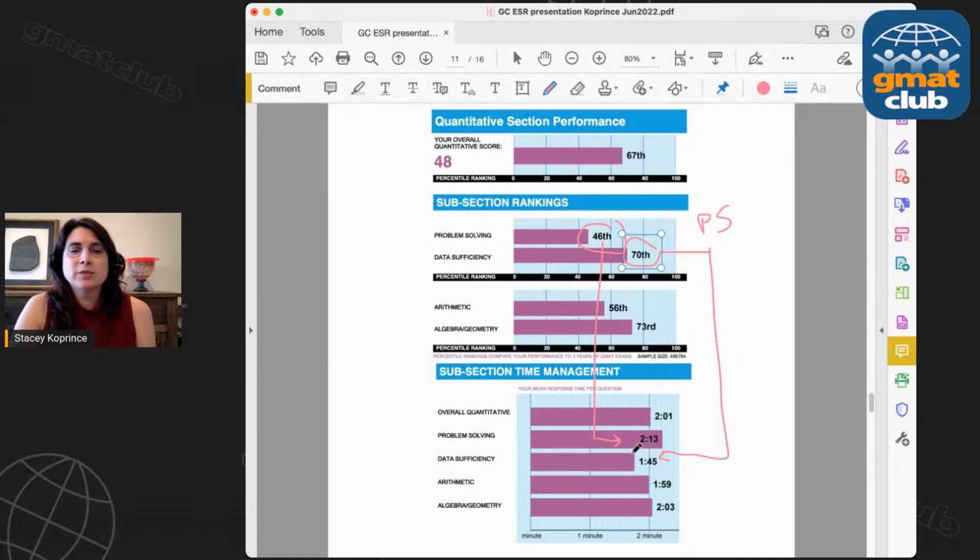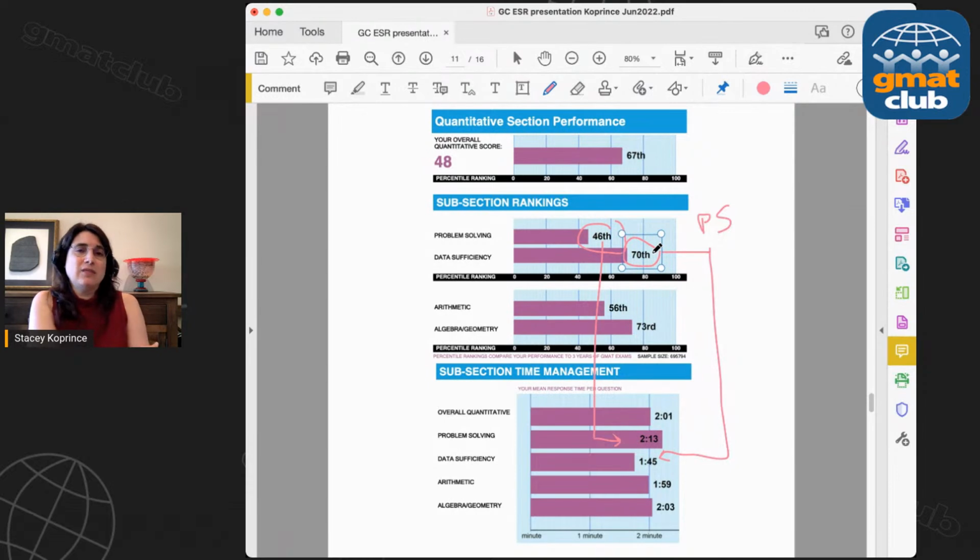If I saw a similar thing where data sufficiency was fast but lower, I would say, are you spending less time on data sufficiency sort of artificially because you're less comfortable with it? So you're kind of rushing through it. And then you're spending that time on problem solving because you feel more comfortable with it. So you might be shooting yourself in your own foot by just not giving yourself enough time on data sufficiency. So that's one thing I would look at.